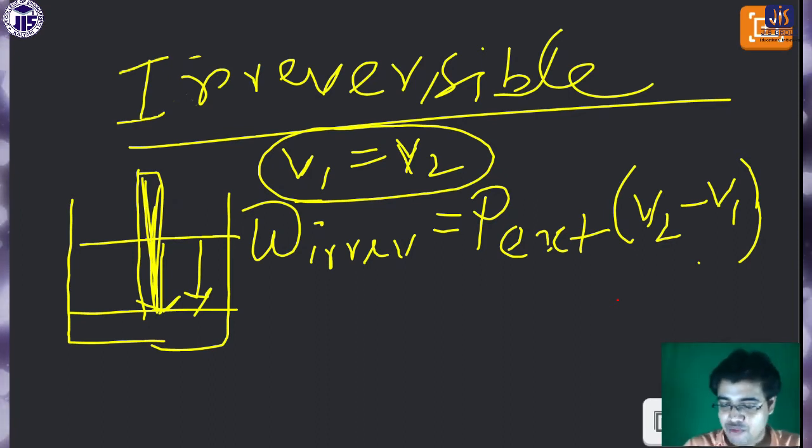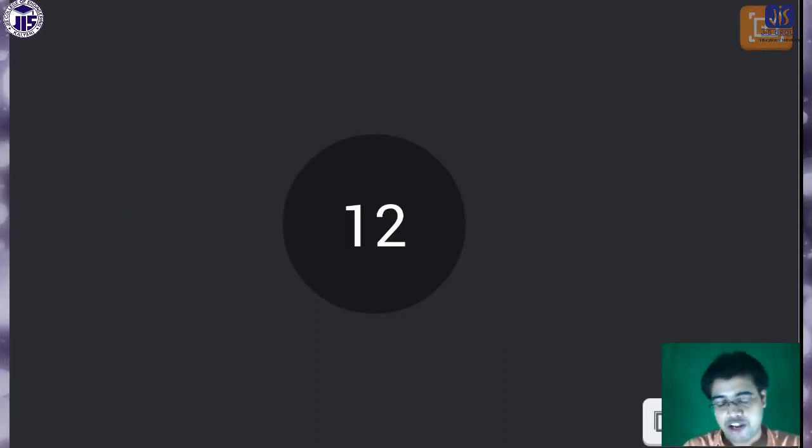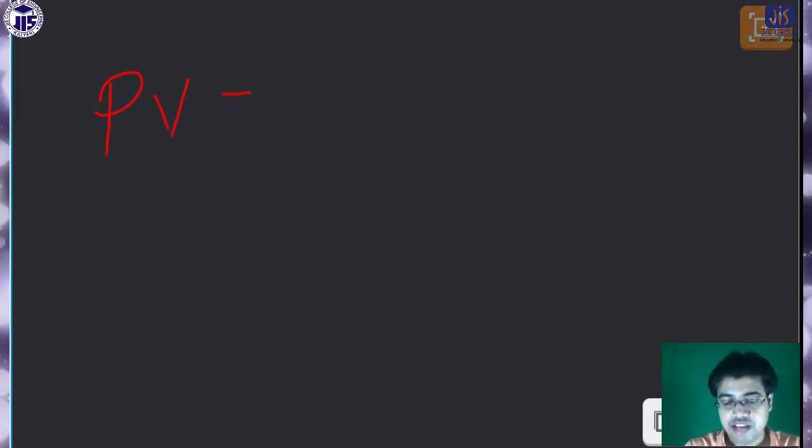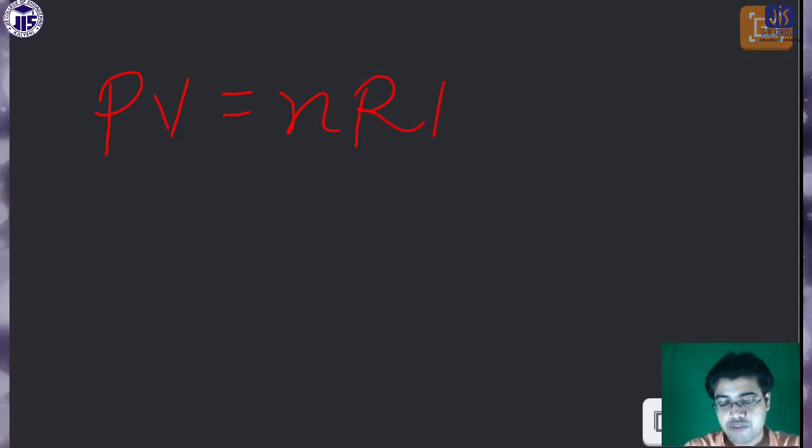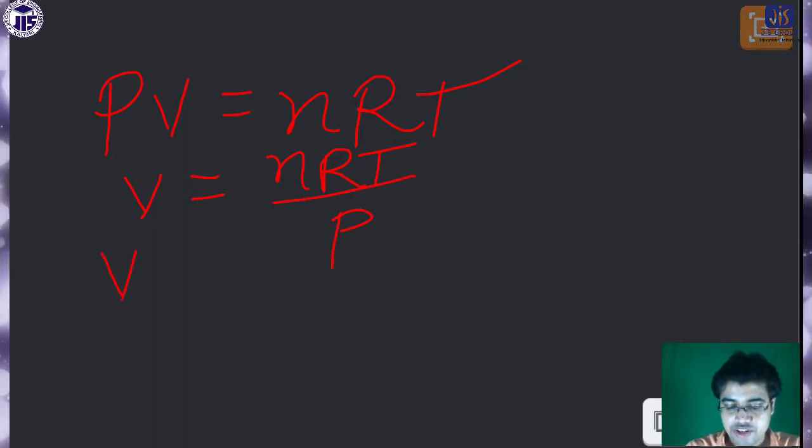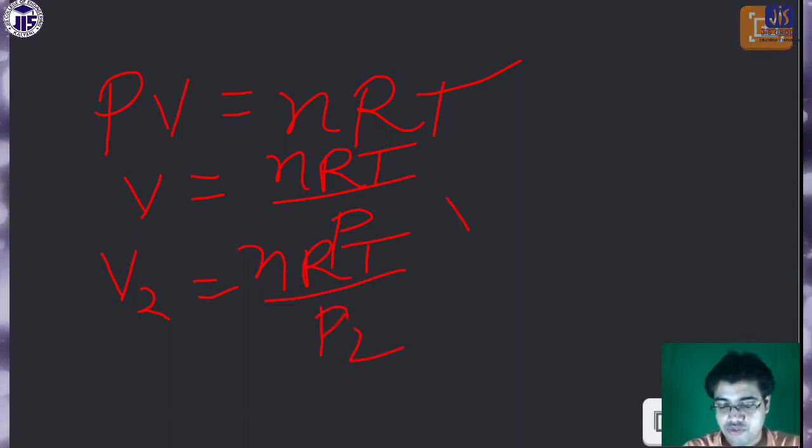Okay, but here what you have to do is convert the value of V2, because you know PV equals nRT, so if PV equals nRT, then we can write down V equals nRT by P. Okay, so if we take V2, then it will be nRT by P2, and if you take V1, then it will be nRT by P1.